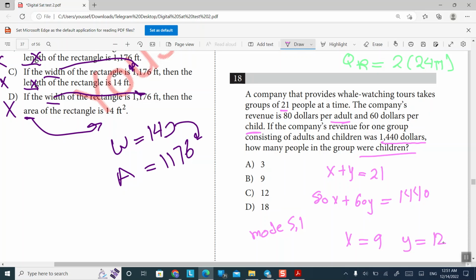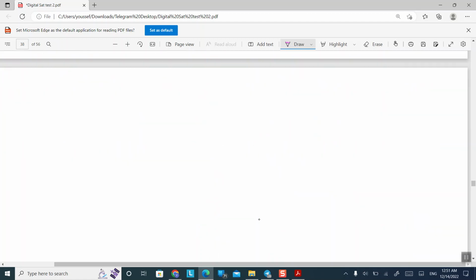So 18c. x is adult, I mean, and y is children. Okay, so let's move on.